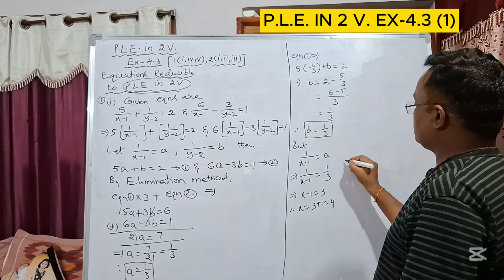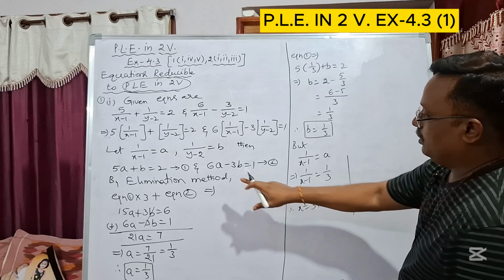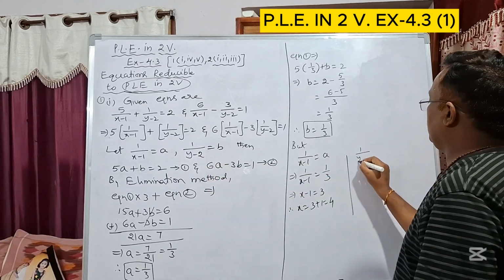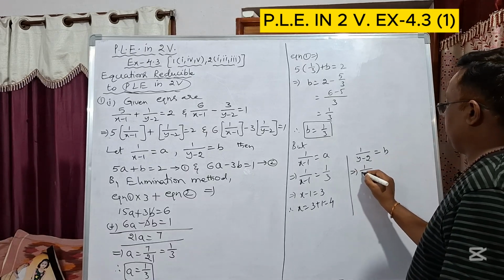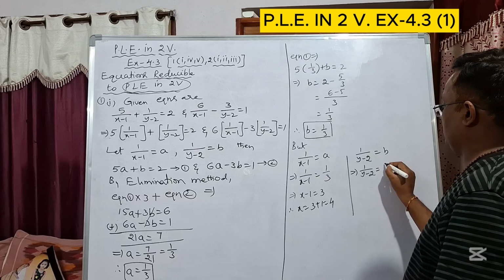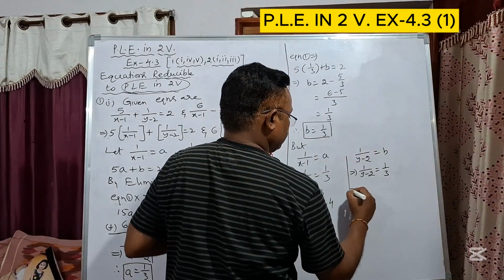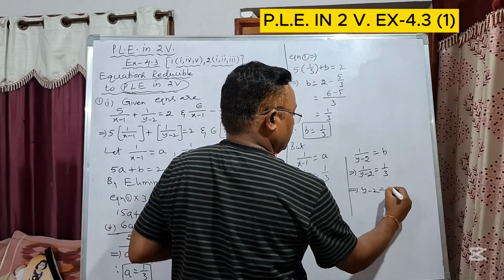Clear? In the same way, 1 by y minus 2 equal to b, which implies 1 by y minus 2 equal to the b value 1 by 3. By this, numerators are the same, so denominators will become equal.